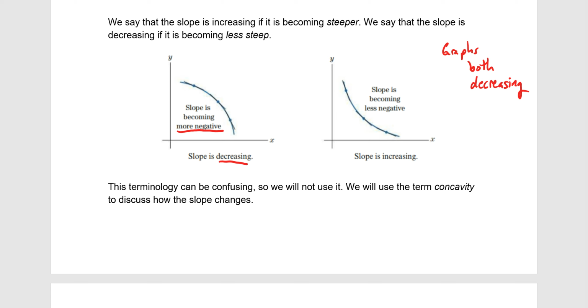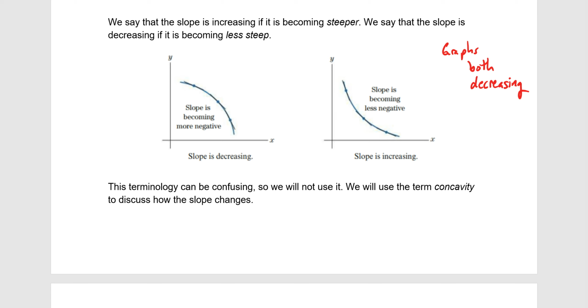On the right, the slope is becoming less negative, so the slope is actually increasing. So the graphs are both decreasing because they're falling left to right, but the slopes are changing differently.